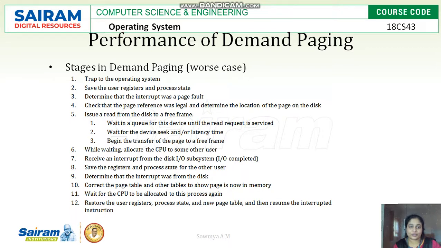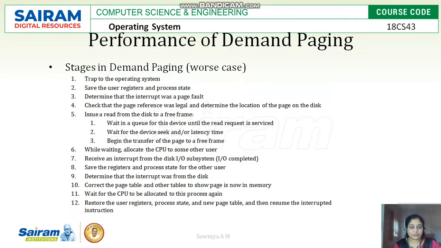After completion of this task, save the register and process state of the user, and determine that the interrupt was from the disk. Once the CPU determines the interrupt is from the disk, correct the page table and other tables to show the page is now in memory, meaning the page table is updated from the invalid bit to the valid bit.